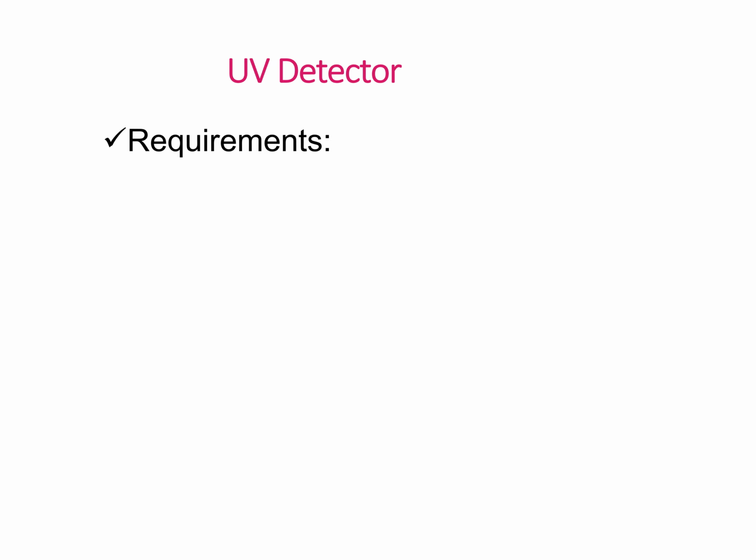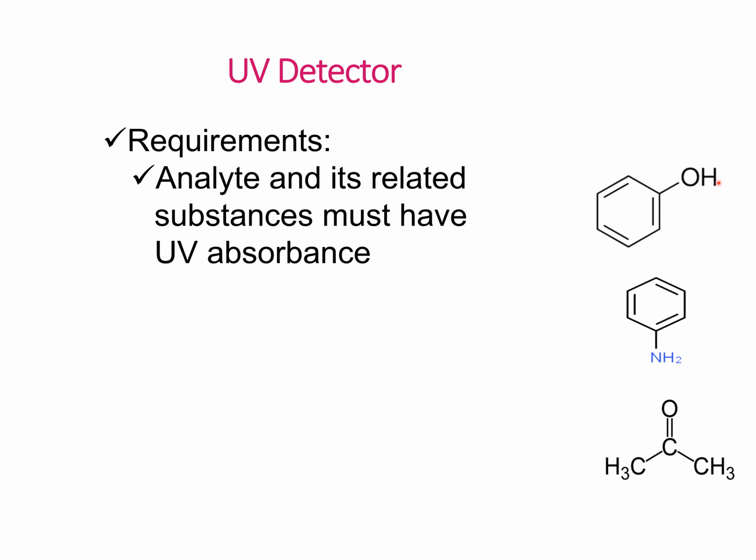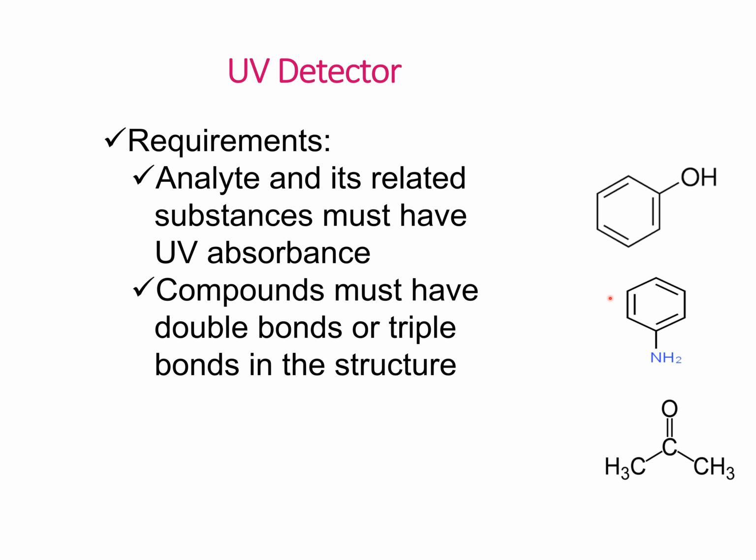Criteria for selecting UV detectors. Analyte and its related impurity must have UV absorbance. Then only UV detector can be used. Such compounds have a UV response, and hence this type of compound can easily be analyzed in UV detector using HPLC.